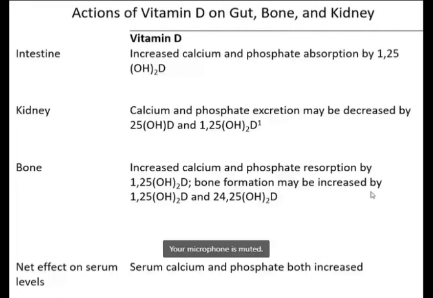I think tomorrow is also a class, so I'll discuss the menstrual cycle tomorrow. I'll describe it in a very simple way. I have made a very simple slide for the menstrual cycle, and some abnormalities of menstruation, conditions like dysmenorrhea and menorrhagia.